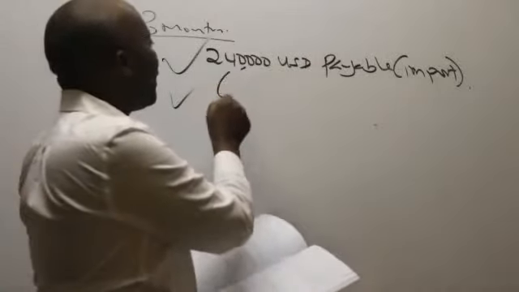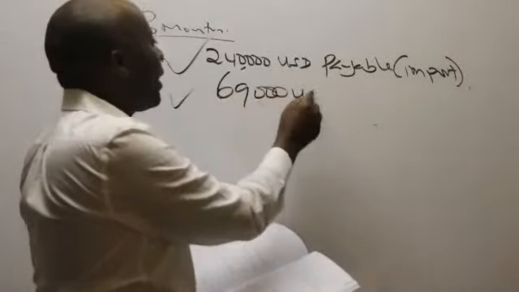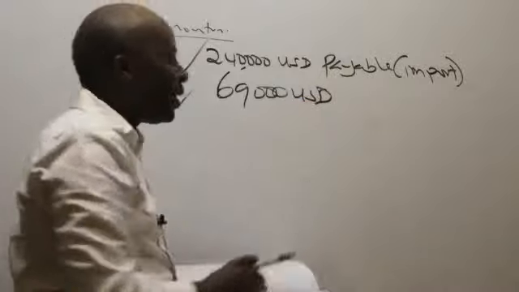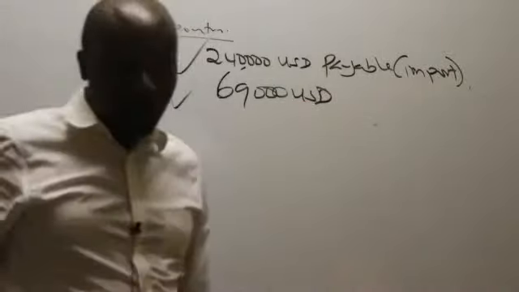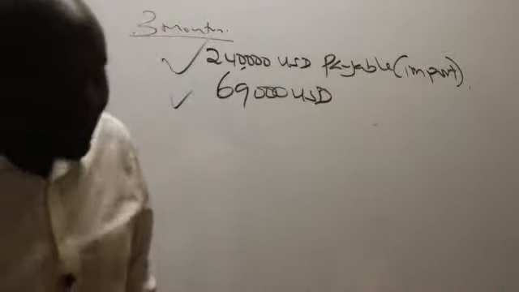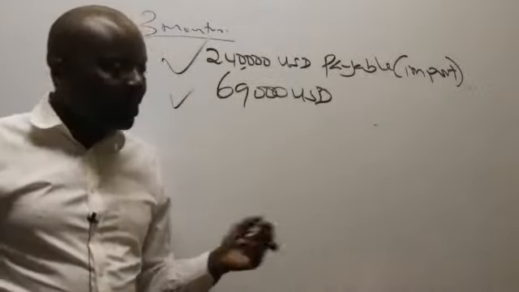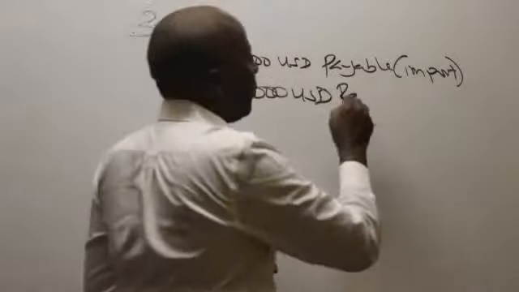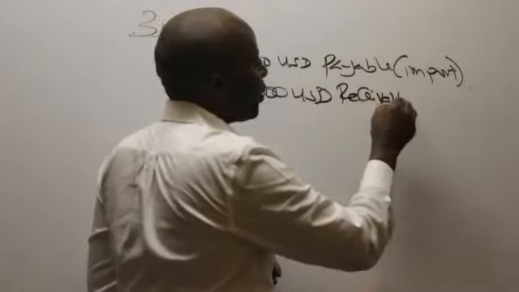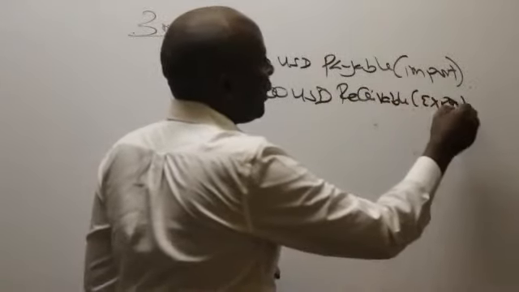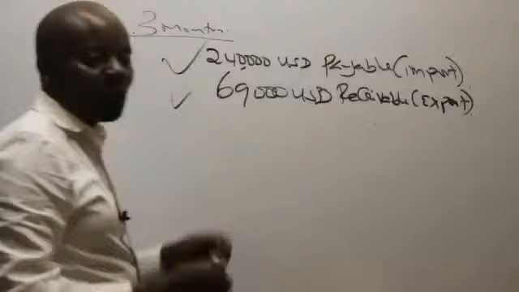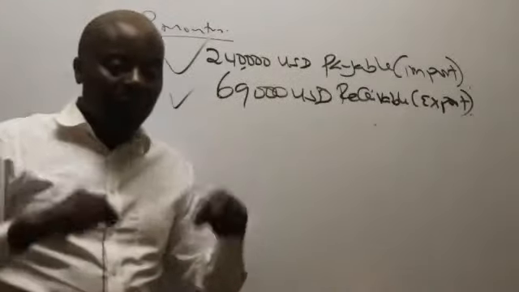So this 69,000 US dollars, I have to ask myself this $1 million question: is this a payable or a receivable? It's a receivable. Don't just scratch your head too much. It's a receivable because it's as a result of an export. We have exported the goods, we are going to receive the money.